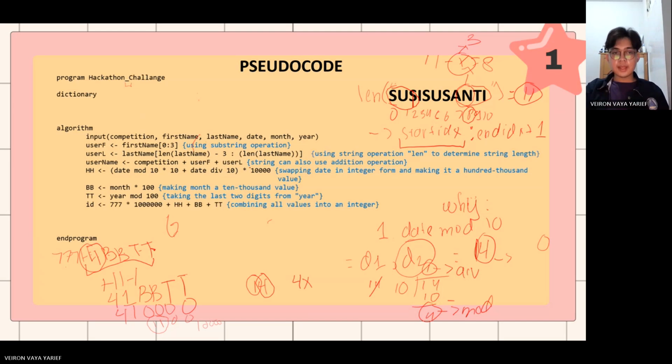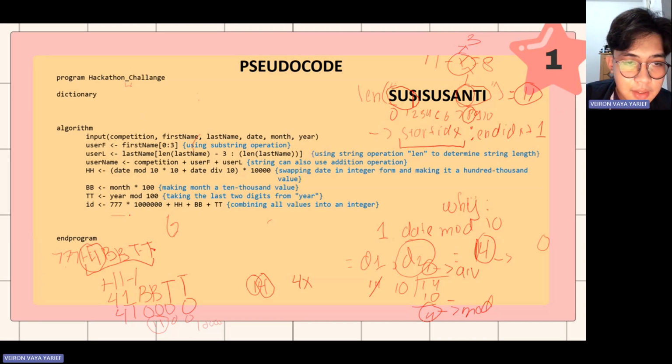At the end of the day, what we need to do is combine all values into an integer. Why we need to times it with 1 million? Same as before, we need to change it into integer form, making it 100,000 on HH, on date of birth.